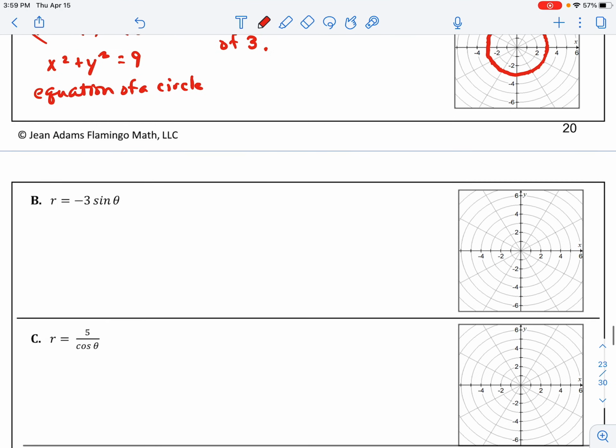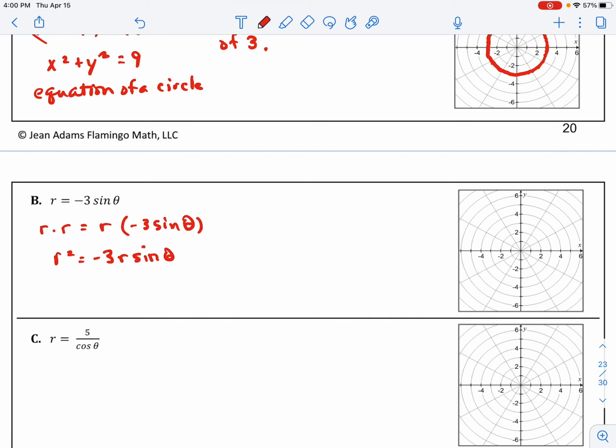All right. B. r equals negative 3 sine theta. Okay, well, let's think about this. If we multiply by r on both sides, we get r squared equals negative 3r sine theta.